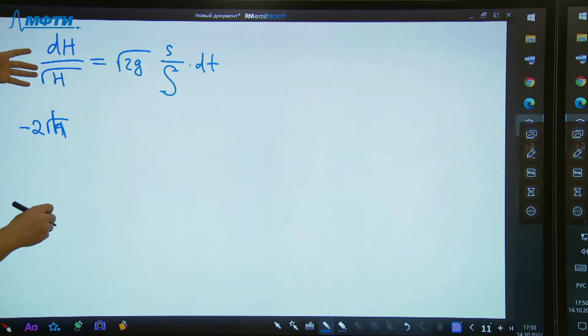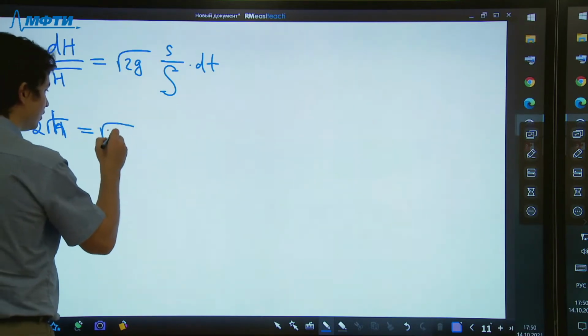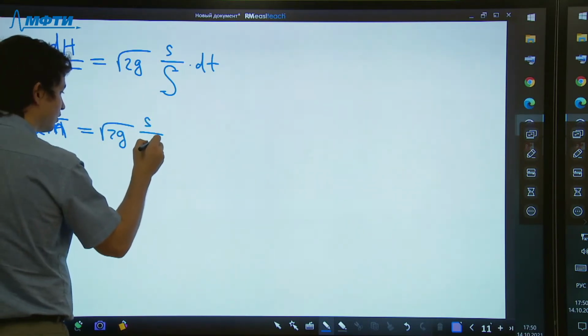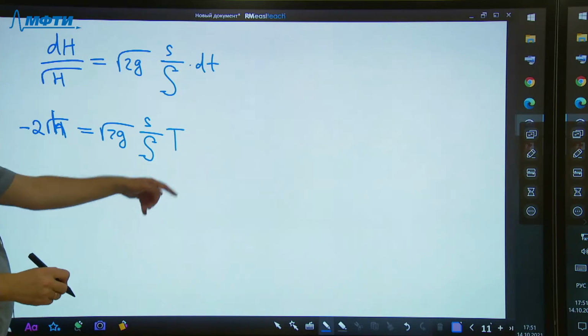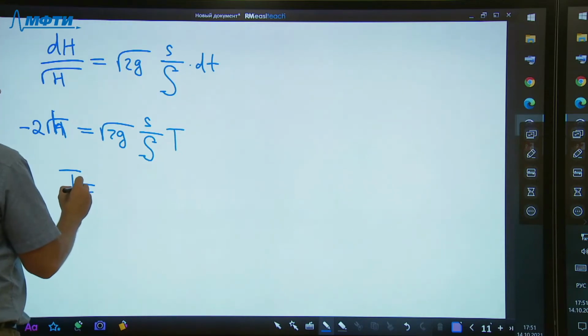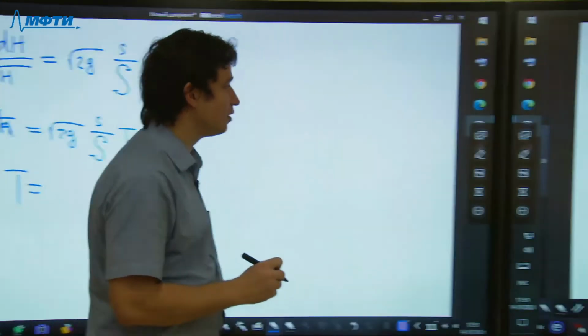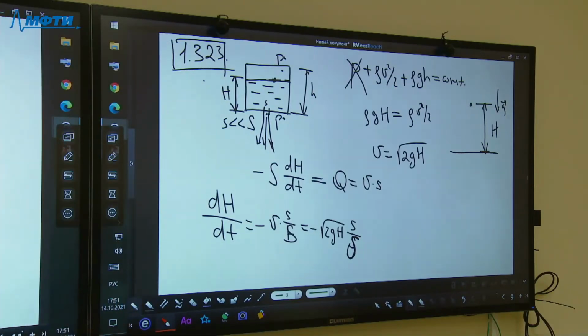So in the initial moment of time it was 2 square root of h. At the final moment of time, when all the liquid has left the vessel, it is equal to 0. So the difference between the final and the initial value is minus 2 square root of small h. And that's the amount of time which is required, capital T. Okay, and I also had the minus here.